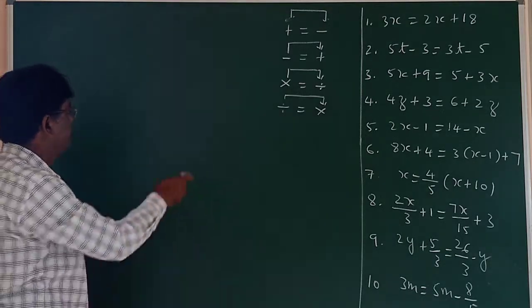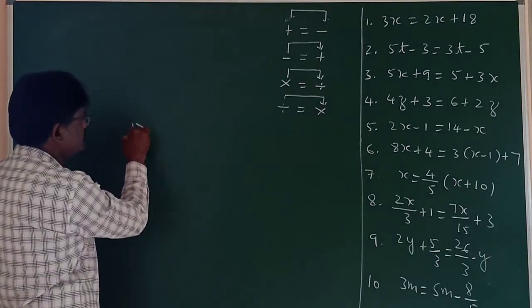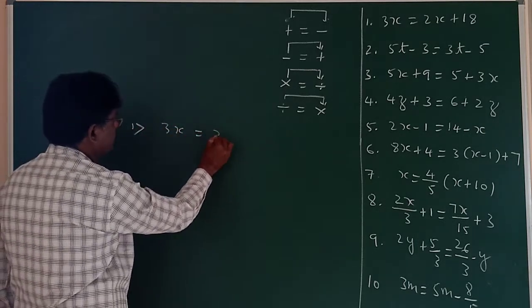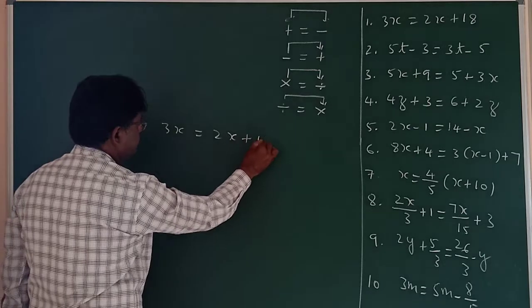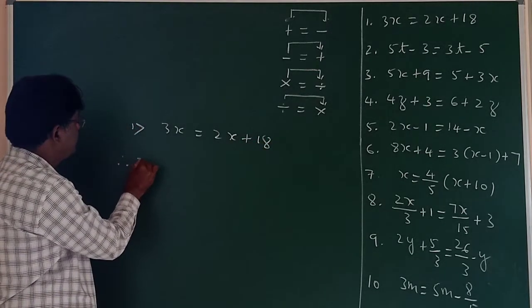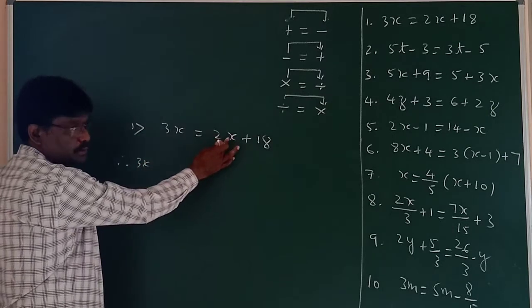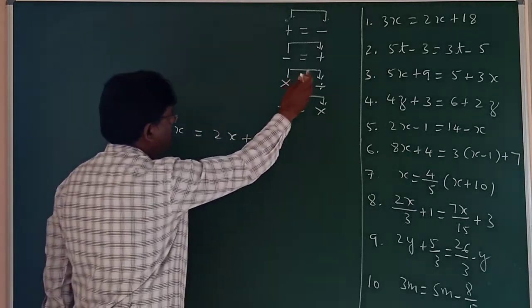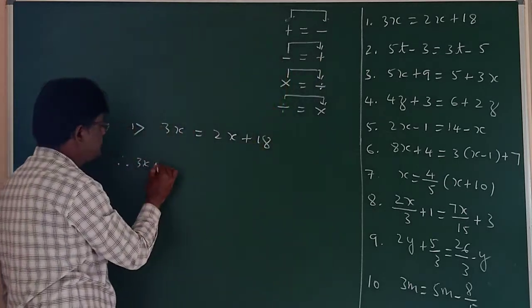Okay. Sum number 1, 3x equal to 2x plus 80. Therefore, 3x. Now transpose this from left to right. Therefore, plus becomes what? Minus.